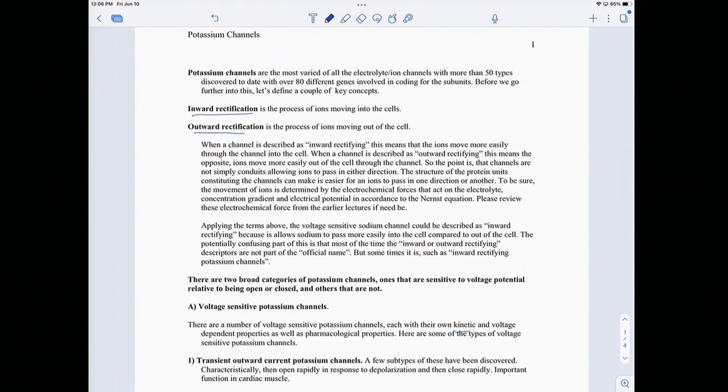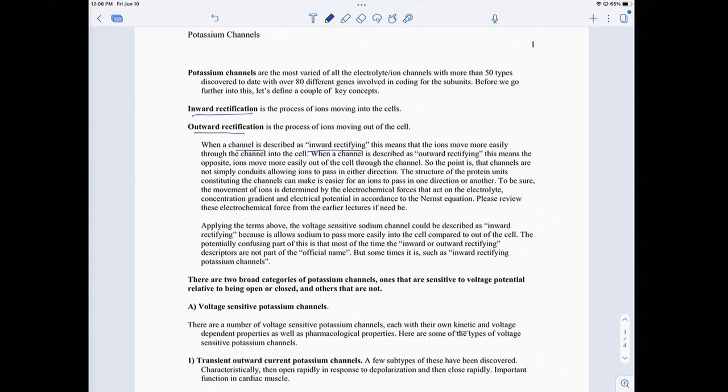Applying that concept to channels, what you'll find in the literature is that some channels are described as inward rectifying channels. What that means is that for that particular channel associated with a particular ion, it is easier for that ion to flow into the cell compared to ions flowing out of the cell through that channel.